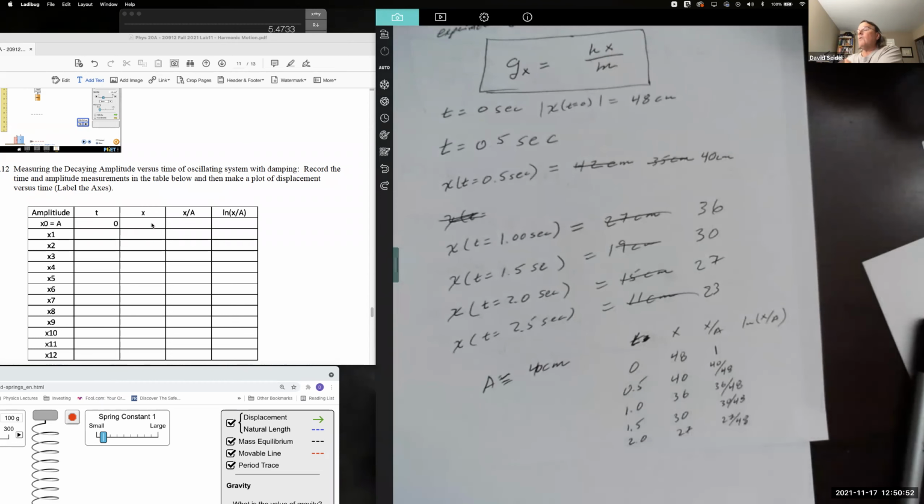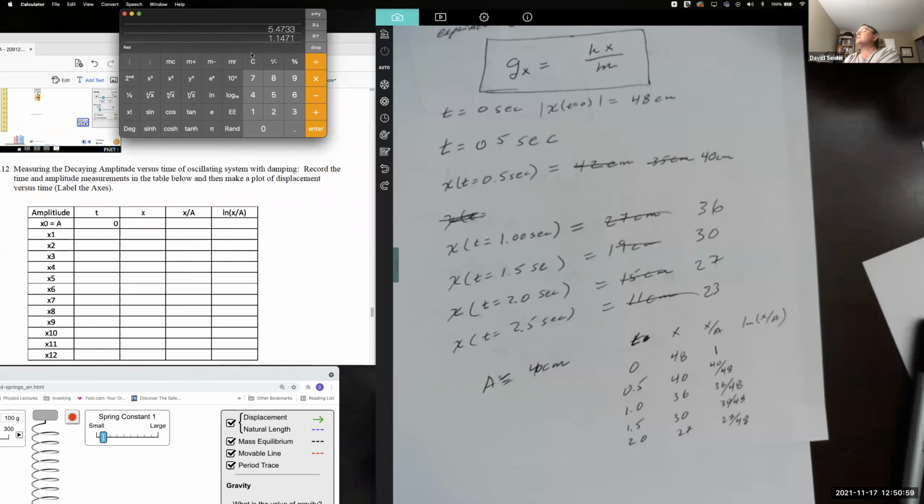Okay. Now, when we take the natural log of these values, let's look at what the natural log is.